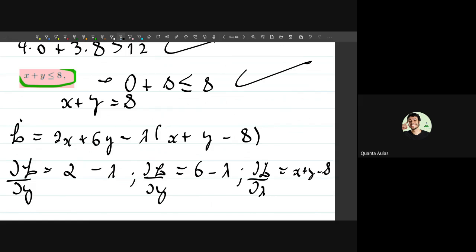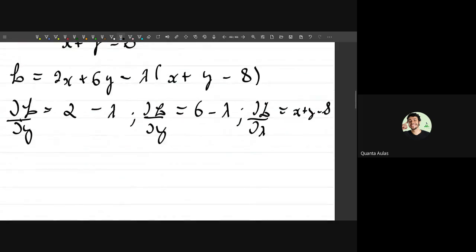All these things equal 0, so you can equalize the Lagrangians, the lambdas. So we have two lambdas here. This is a little strange because we have two constraints in that situation.